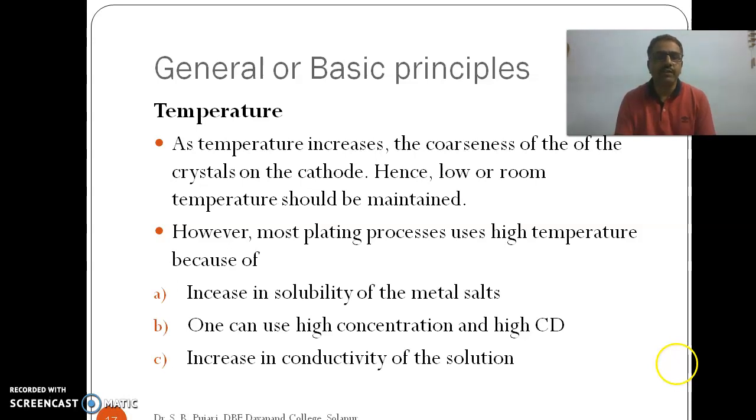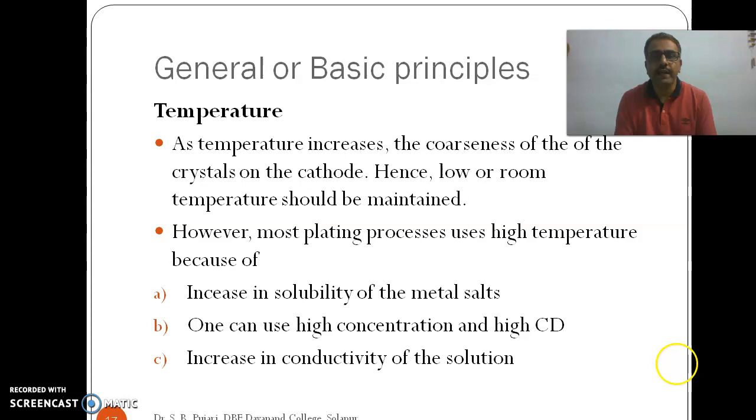I have mentioned here three important advantages of applying high temperature during the electroplating process. One is the increase in solubility of the metal salts. We want more metal ions in the solution. Therefore, we have to use a large quantity of metal salts, and because of the large quantity, solubility may be affected, and therefore if you increase the temperature, solubility goes on increasing. So high temperature allows more concentration to be used.